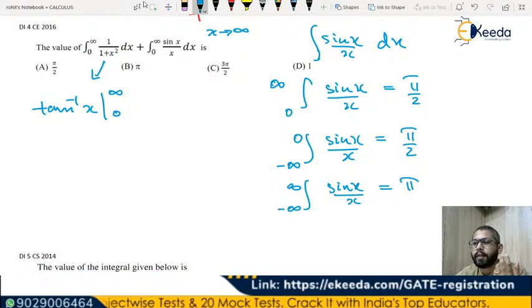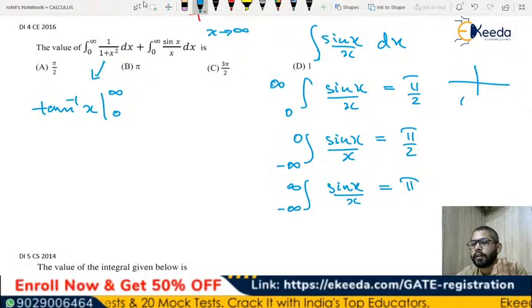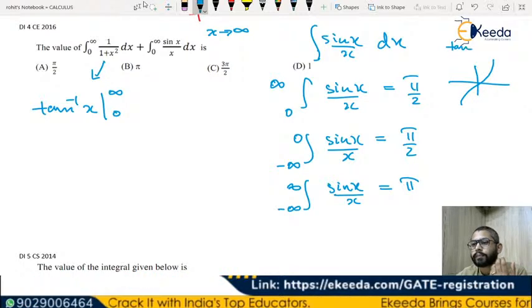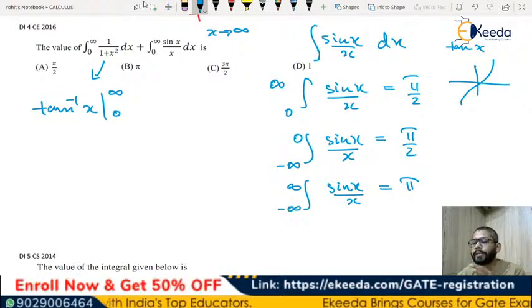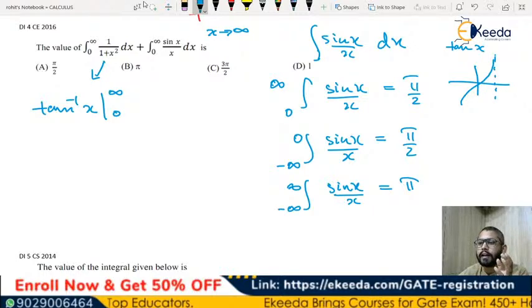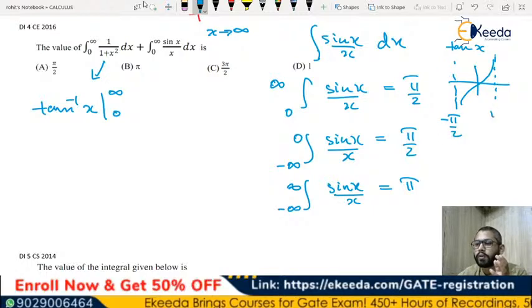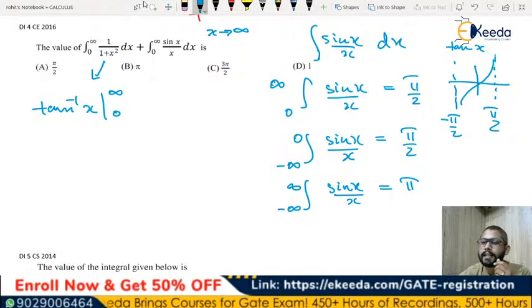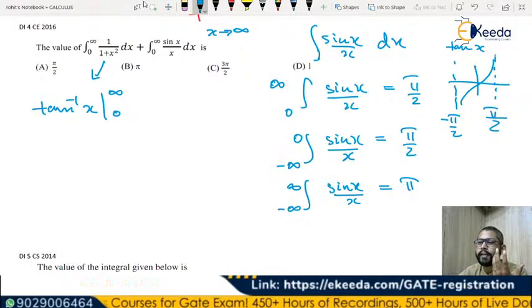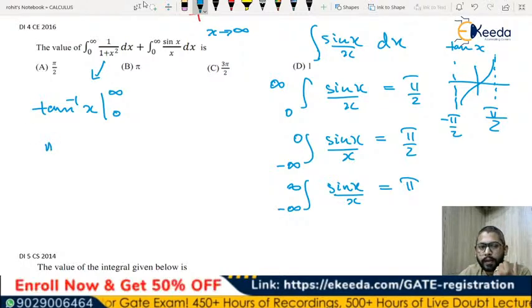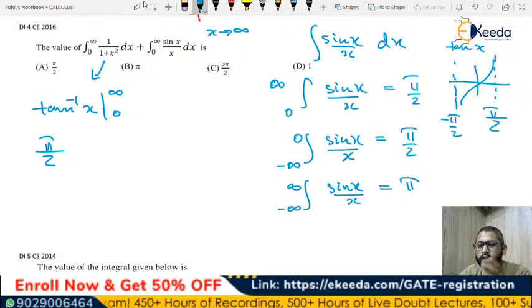If you remember the graph of this, it will be something like this, tan x. It will be something like this. So this is at pi by 2 and minus pi by 2. So you can see that x tends to infinity comes at pi by 2, and 0 is for 0.